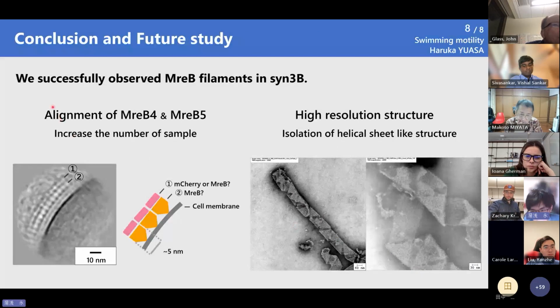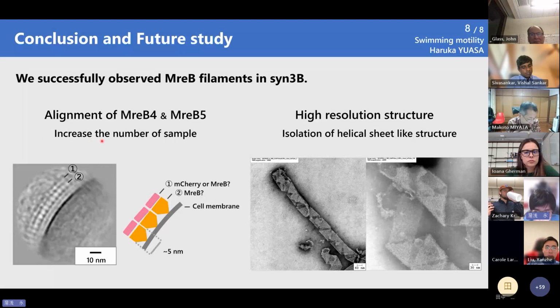In conclusion, we successfully observed MreB filaments in syn3B. Our goal is to elucidate the mechanism of helicity switching. However, the number of samples is not enough to reveal the alignments. So now we are planning to increase the number of samples and distinguish MreB4 and 5.